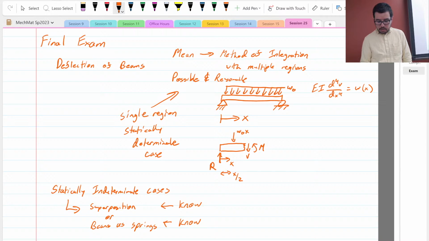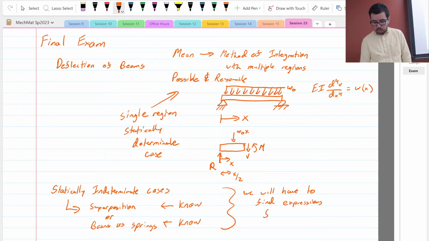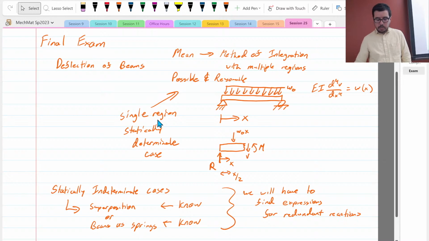In the statically indeterminate case, we will have to find expressions for redundant reactions. In the statically determinate case you are going to know all those reactions.